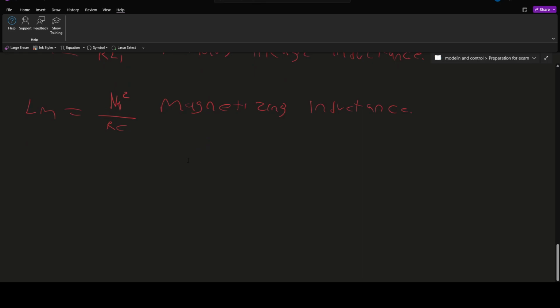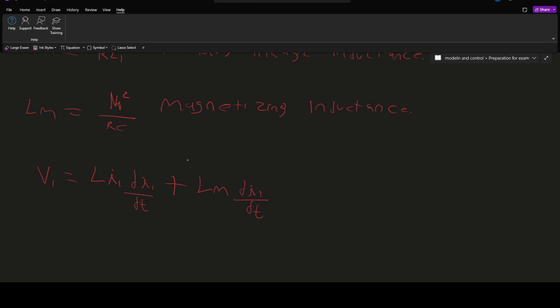So we can write our voltage equation for the primary side as Ll1, our primary leakage inductance, di1/dt. So you can see this is actually a voltage, plus Lm di1/dt.